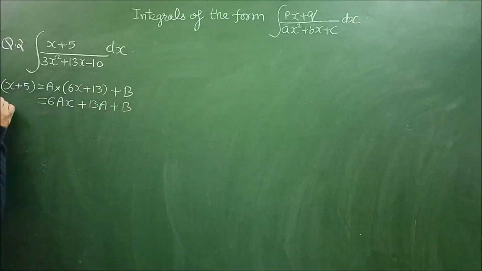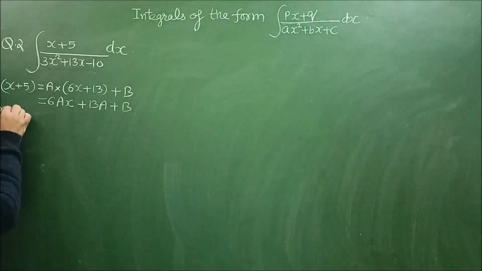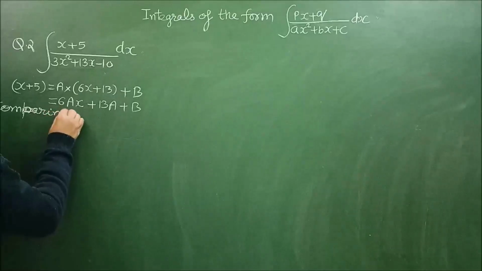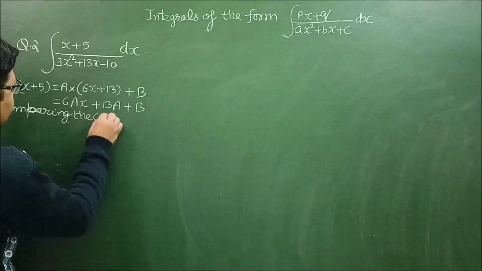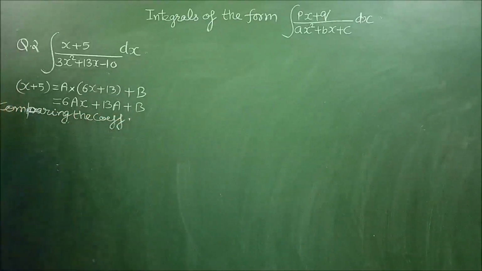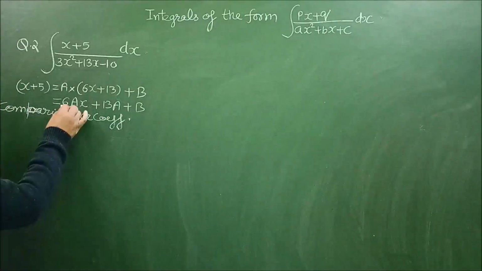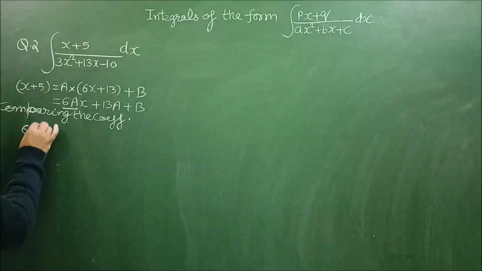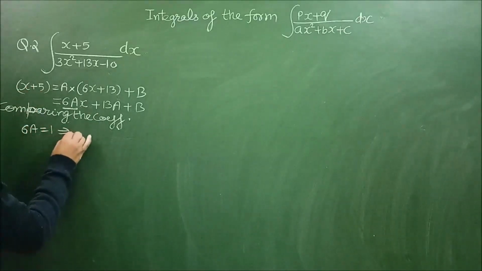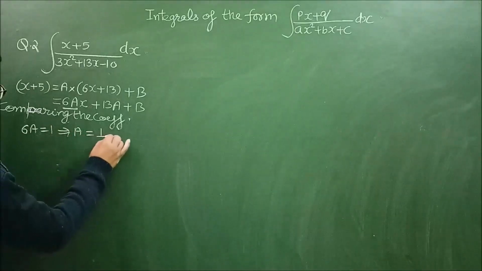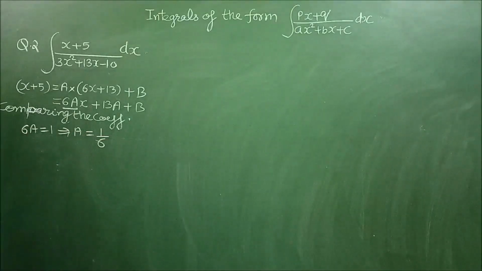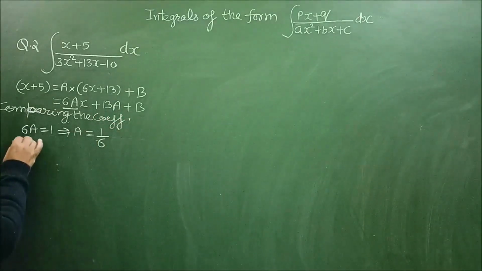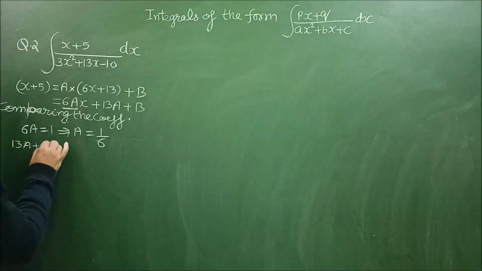Now rearranging the terms, we get 6ax + 13a + b. Now comparing the coefficients on both sides, the coefficient of x is 6a here, and here it is 1. So 6a is equal to 1. This gives the value of a is equal to 1/6. Now comparing the constant term, 13a + b here, and on the left hand side it is 5.